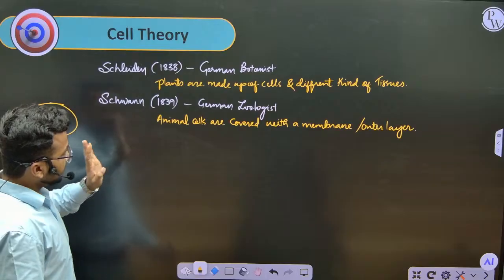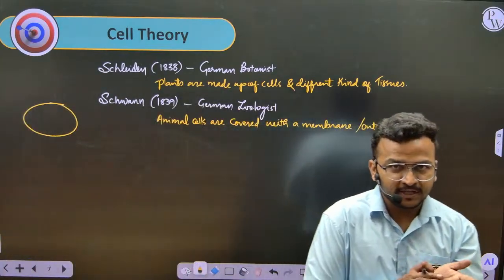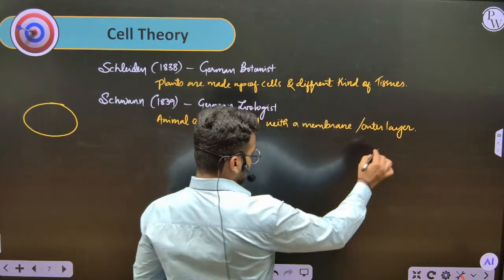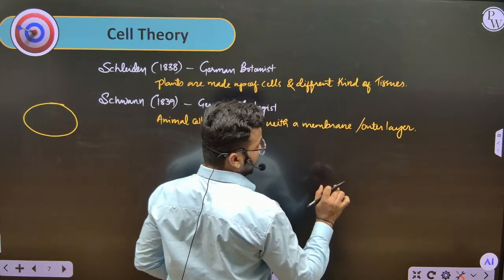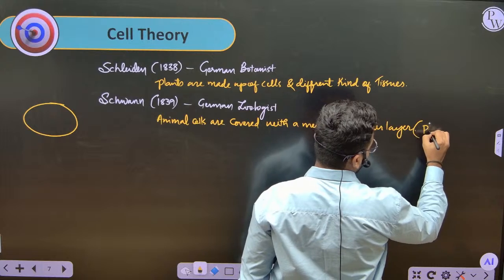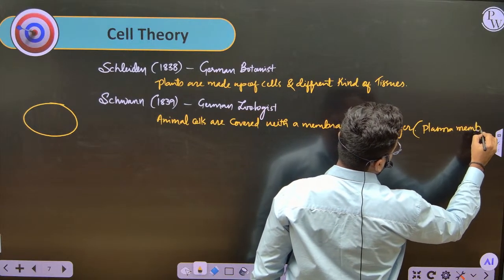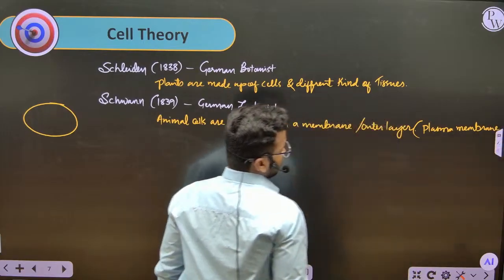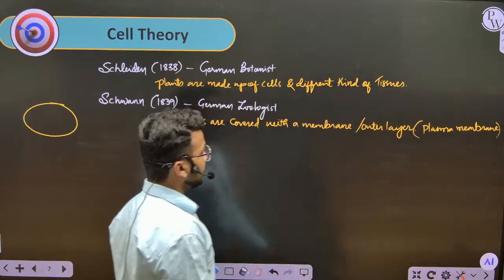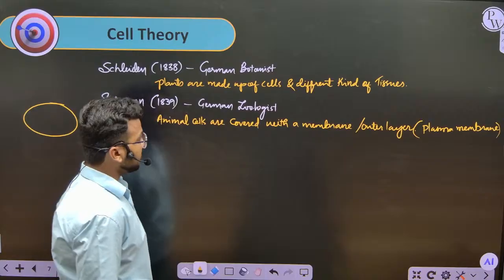In today's terms, we call it the plasma membrane, the outer membrane of any cell, here animal cells. Schwann observed it for the first time in animal cells, and that membrane or outer layer we call the plasma membrane.